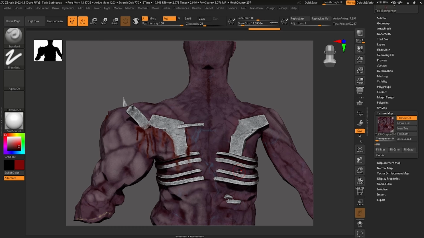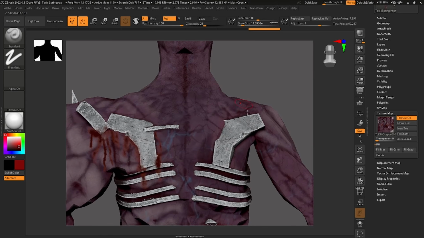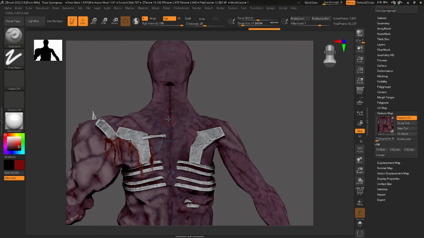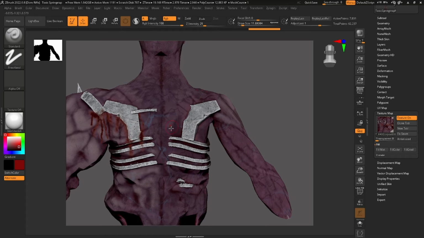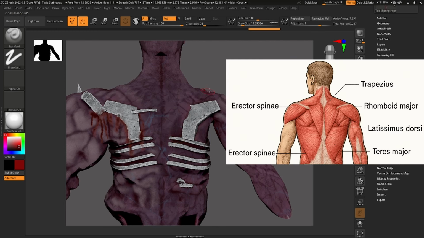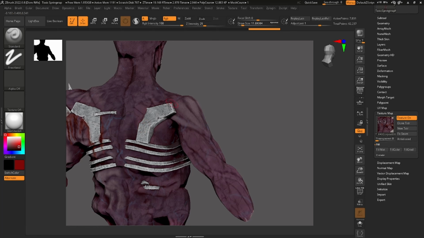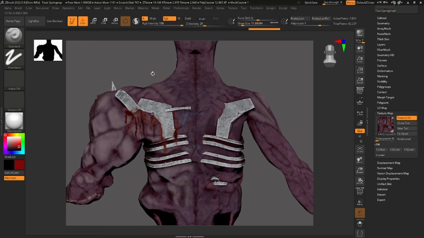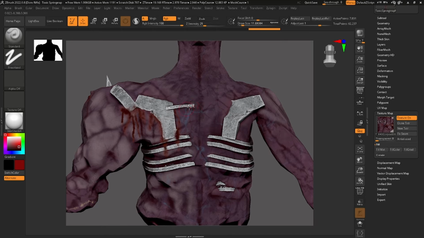And it's interesting to see this on the back, because you can see the muscle distinction here. I believe there's a muscle that comes down here like this. And you can see where it's starting to grow over the shoulder of the endo. And it's already eaten this part that was over here. And it just keeps going.